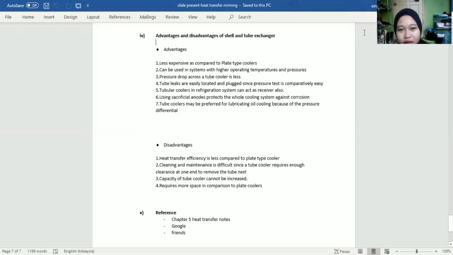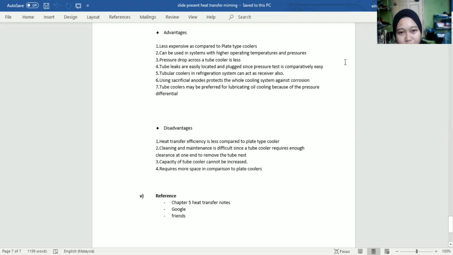Okay, next is advantages and disadvantages of shell and tube exchanger. For advantages, number one is less space as compared to plate type cooler. Number two, can be used in systems with high operating temperature and pressure. Number three, pressure drop across a tube cooler is less. Number four, tube leaks are easily located and plugged since pressure testing is completed easily.